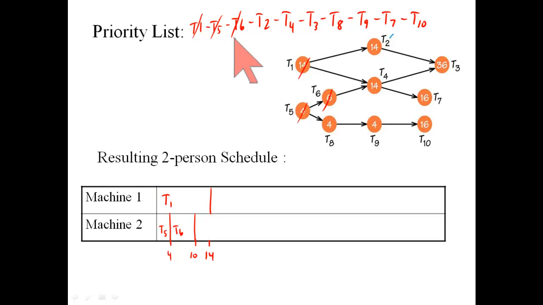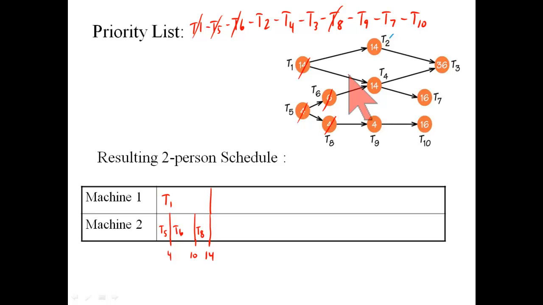Then machine 2 works on task 8, that's ready to be done, with a 4-minute completion time. Notice that tasks 2, 4, and 3 were not ready to be done because task 1 is not finished yet.